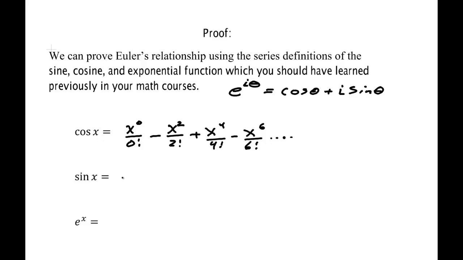We also need to know the series expansion for sine. This is x to the 1st over 1 factorial minus x cubed over 3 factorial plus x to the 5th over 5 factorial minus x to the 7th over 7 factorial, and again, so forth. Again, the alternating sign keeps the sine function bounded.